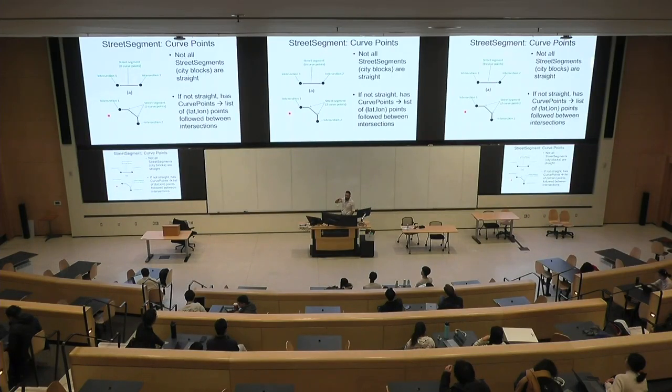But if it's curved and there are no intersections in between, then we have to model these street segments with multiple points in order to be able to find, for example, the right direction of the street and the distance between the two intersections, because if you look here visually, the distance between these two nodes is smaller than what you have to walk if you go along the street segment. Each of these curve points has an associated latitude and longitude that you will use in milestone 1, for example, to find the distance between two intersections.